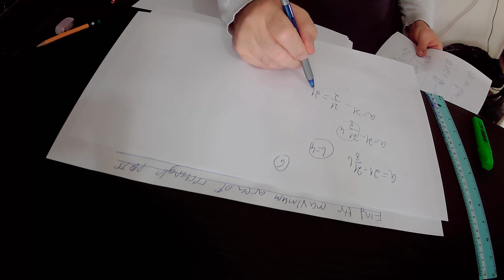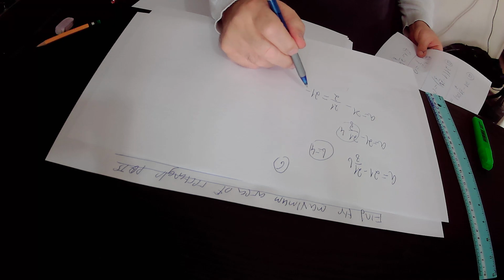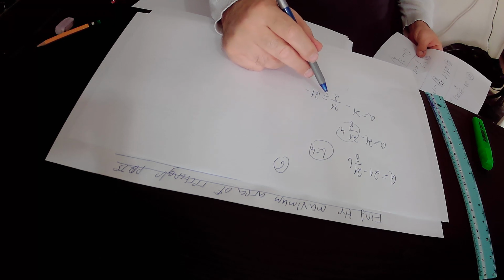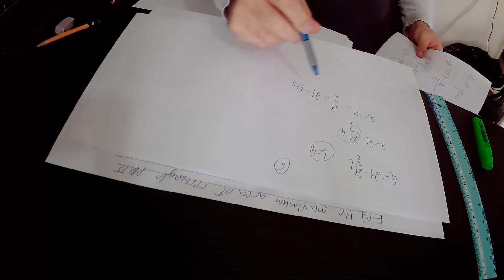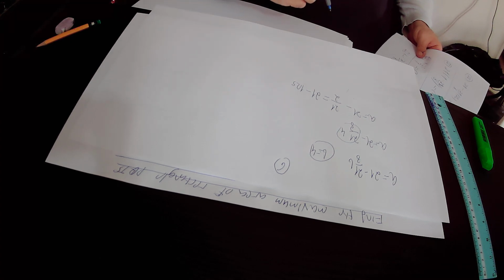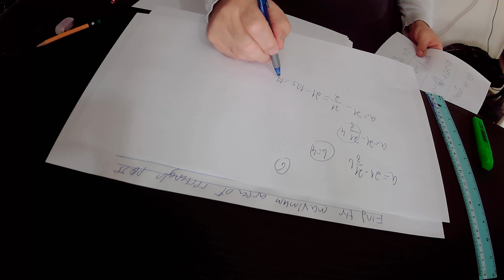So it is 21 minus 21 over 2, which is 10.5. So the length A equals 21 minus 10.5, which equals 10.5.